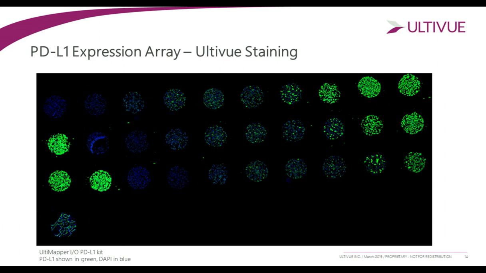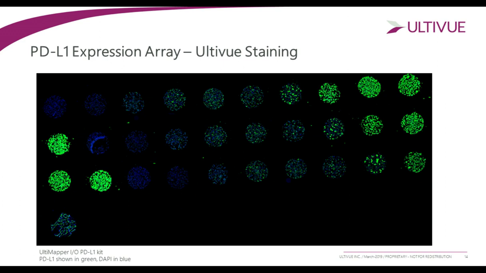And here we're seeing a DAB stain showing the staining pattern of PD-L1, and that the dynamic range is there. It may not be ultra clear via DAB because of the contrast. When we look at this using our UltiMapper staining kit, specifically our PD-L1 kit, you can see that dynamic range very clearly and very easily, which is a major benefit of fluorescent-based staining.